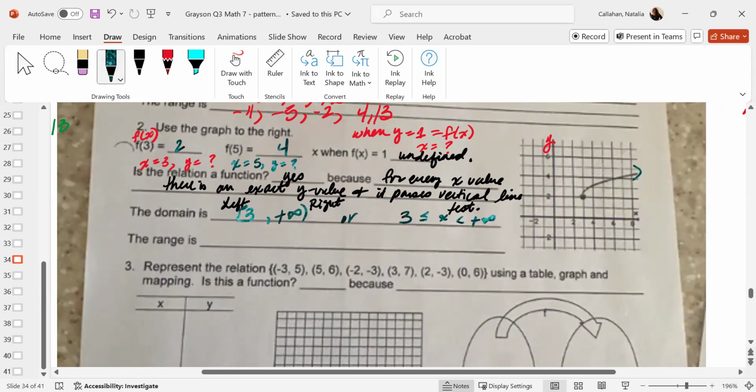Okay. What is a range? Remember, range is how far down does it go and how far up does it go. So how far down does it go? What's the lowest the graph gets?